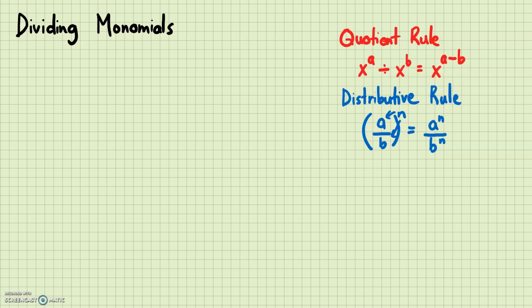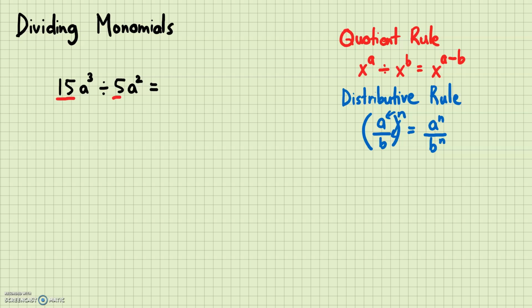So let's start off with something easy. Let's say we have 15a cubed divided by 5a squared. Now, very similar to multiplying monomials, when you're dividing monomials, you can treat the numbers and the letters separately.